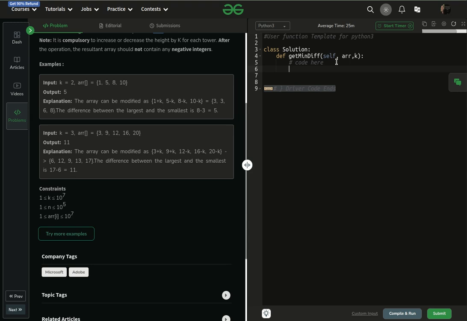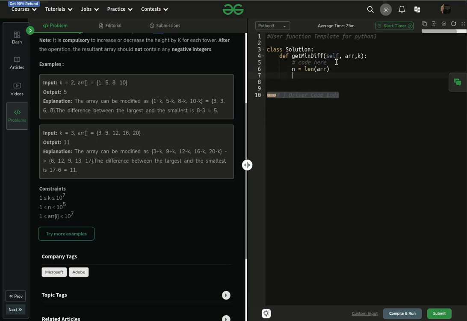First we will calculate the length of the array. Then we will initialize our result. The first step is array dot sort. Then we calculate our result by subtracting the smallest value from the largest value.